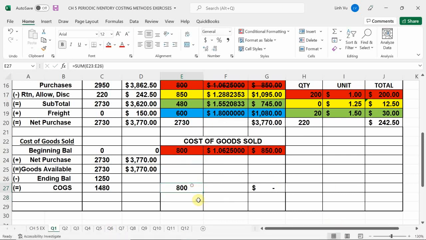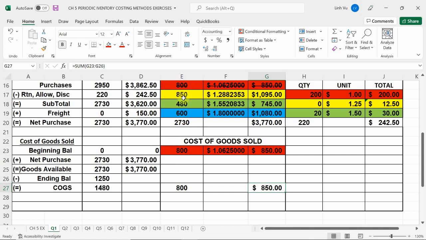Okay, so I'm at 800 units at a total cost of $850. So now I need to figure out how many more units I need to keep selling. I've already sold 800. I know I'm going to be taking out from my next batch of inventory, which is my yellow one for 850.